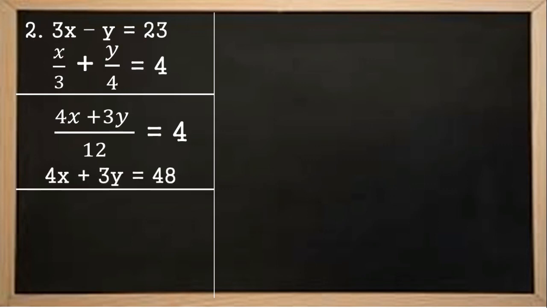Now consider both the equations. This is the place where we need to observe. 3x minus y is equal to 23, 4x plus 3y is equal to 48. So what is the first step, children? In the first step, we have to multiply one or both the equations by a suitable number or numbers.